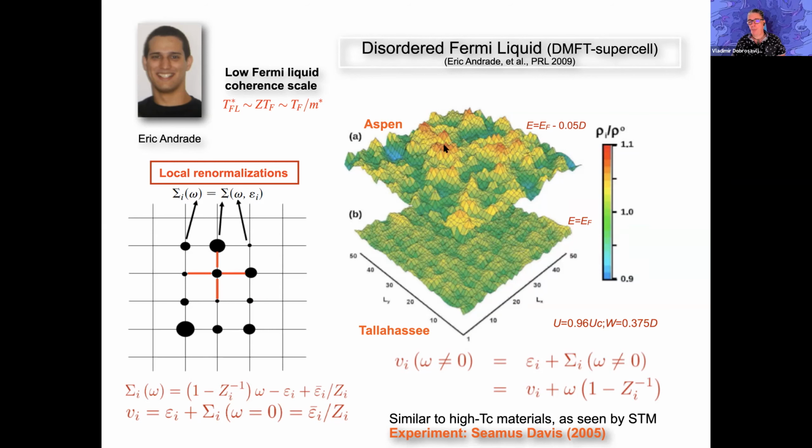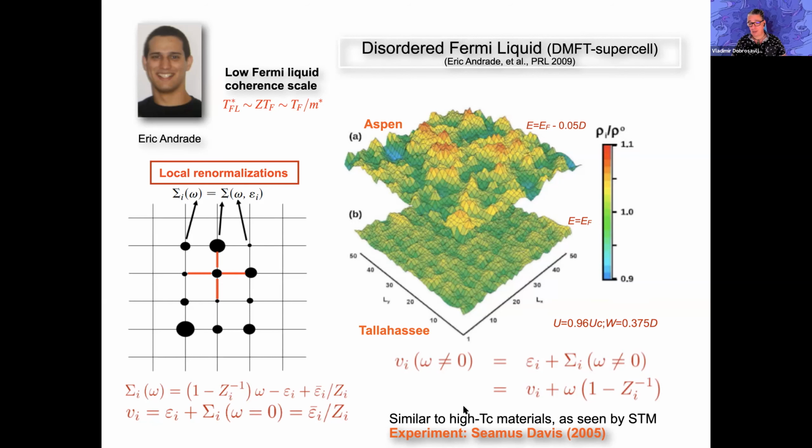And the top one, at finite frequency, is very rugged, with very large spatial inhomogeneities, which more resembles Aspen or mountains in Colorado than Tallahassee. So this is a very dramatic effect. And this effect even gets stronger as you crank up correlations and you approach the Mott transition. So my point is that even if you take moderate disorder, some spectral features become extremely inhomogeneous, but you have to look away from the Fermi energy and not at the Fermi energy.